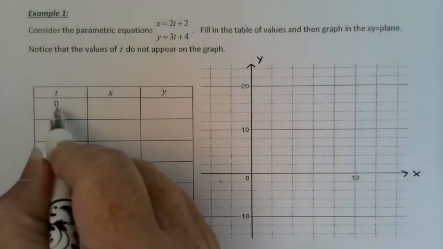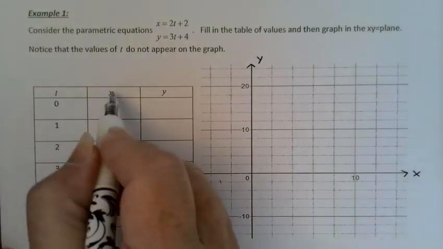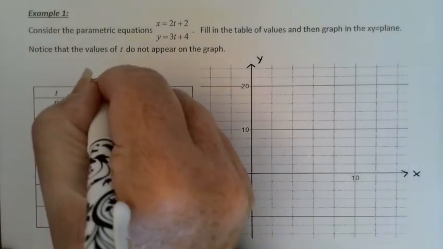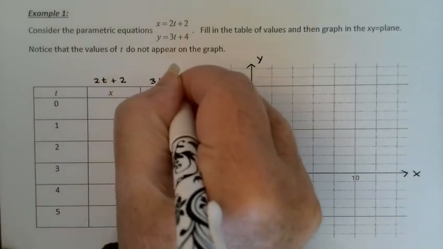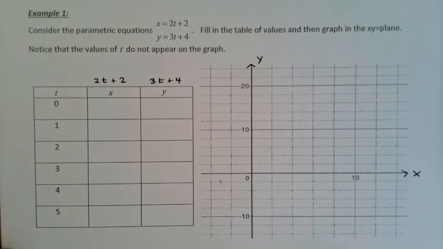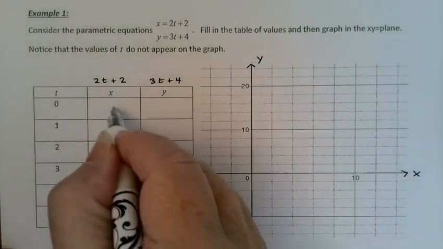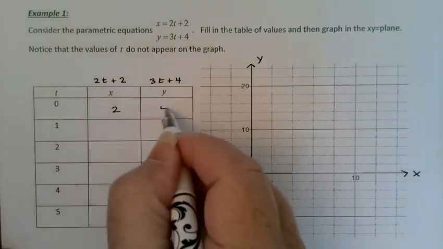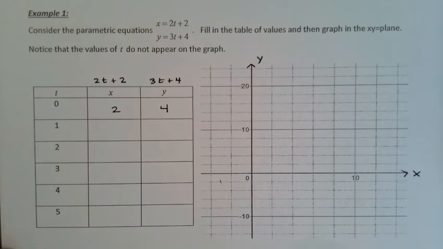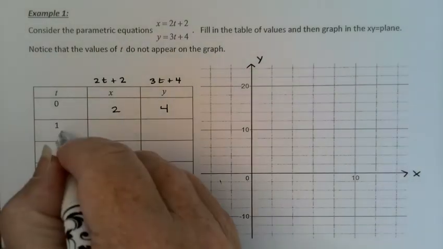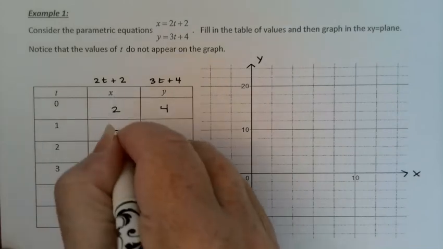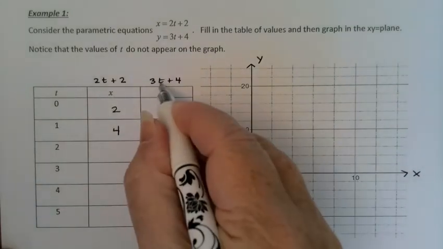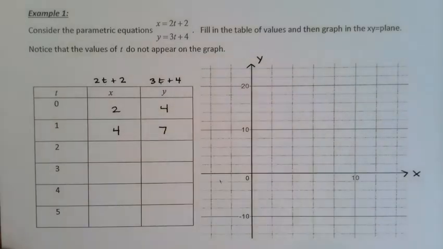So we're just going to plug in. If t is 0, for x we plug into 2t plus 2. For y we plug into 3t plus 4. And when t is 0, I'll get 2, 4. We'll keep going. If t is 1, 2 plus 2 would give me 4 here, and 3 plus 4 would give me 7, and so on.